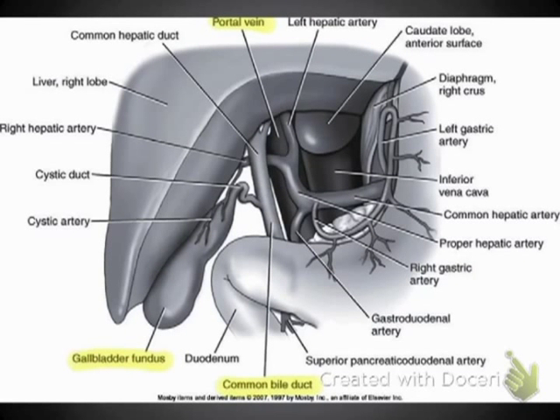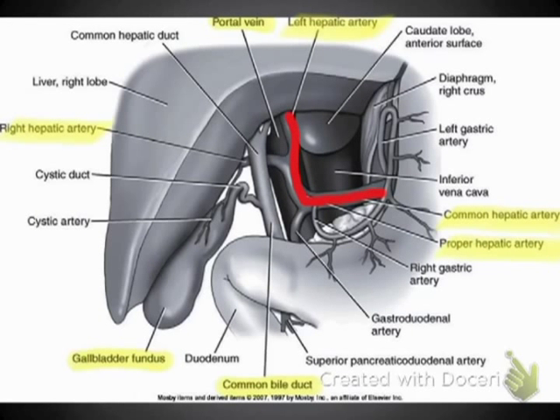Also from this diagram, we want to know the common, the proper, the left and the right hepatic artery. And so as we come in, we have the common hepatic artery merging into the proper hepatic artery.